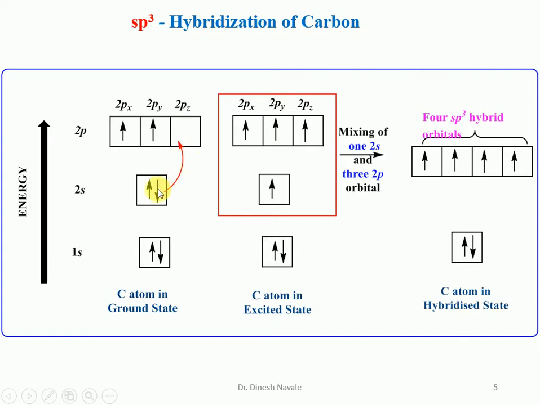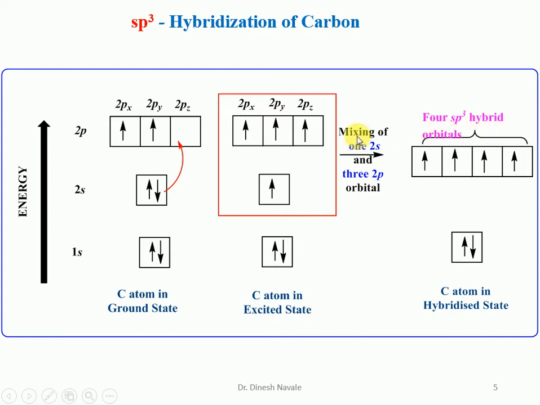We have shown it by the red arrow. This 2s electron is migrated into the 2pz orbital, and in the excited state we get the configuration 1s2, 2s1 and 2p3. During sp3 hybridization of the carbon atom, we see the mixing of one 2s orbital and three 2p orbitals, giving the formation of a total of four equivalent sp3 hybridized orbitals.